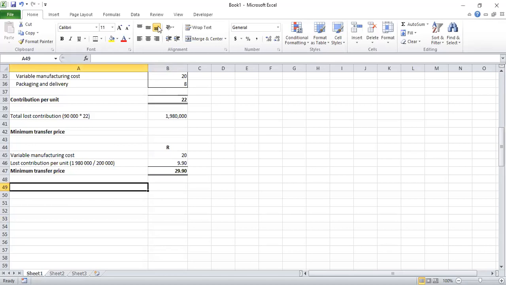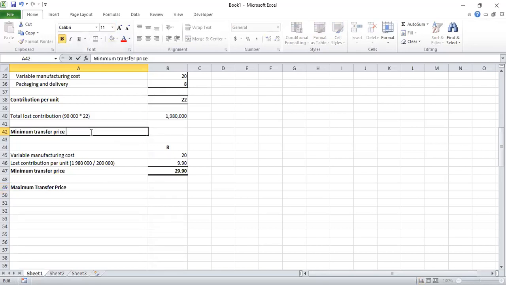Then the maximum transfer price. I think I get what you are saying, but I think we had gone ahead to the maximum price. You were ahead. I'm not yet on the maximum. Right. Okay. Then the maximum. So the minimum is determined by the coffee division, the supplying division.